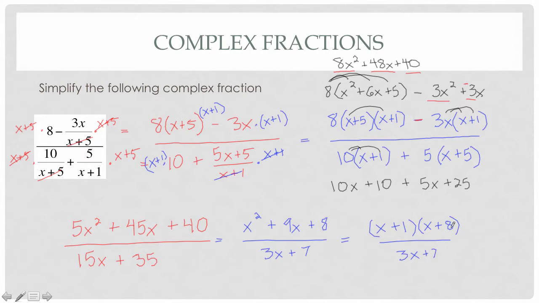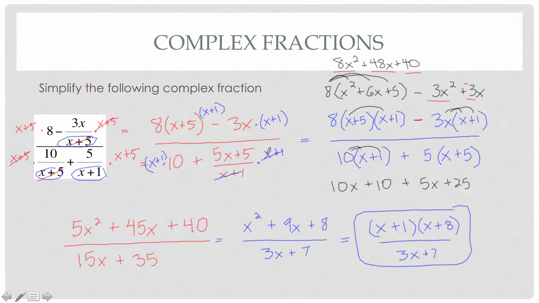But there we go. The whole point is we got rid of our fractions in the numerator and denominator by multiplying the numerator and denominator by whatever binomials we needed to cancel out those fractions. So we had a fraction of x plus 5. So that's what we multiplied first in the numerator and denominator. And then we had a fraction of x plus 1.